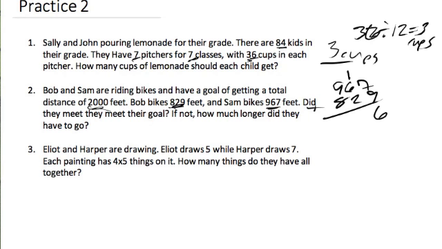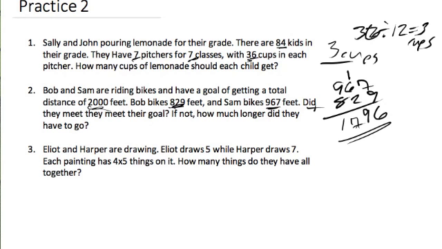Then 7 plus 2 equals 9. Now we have 9 plus 8. 9 plus 8 equals 17, and that's how we get 1,796 for how long they biked.